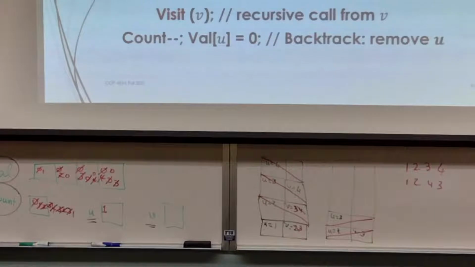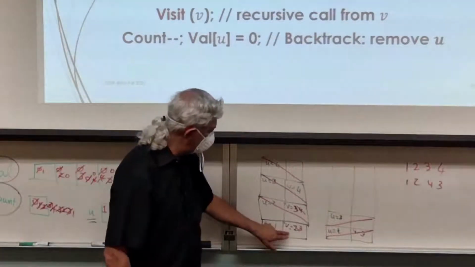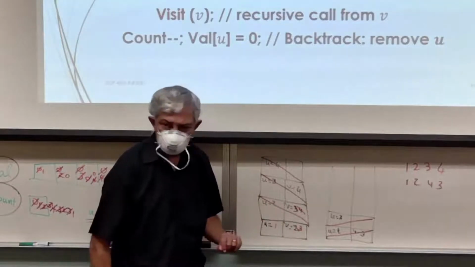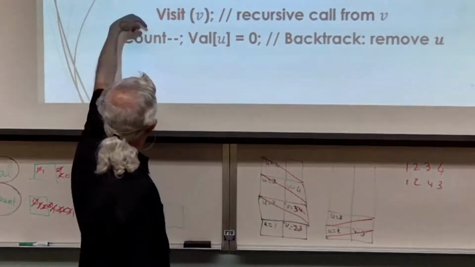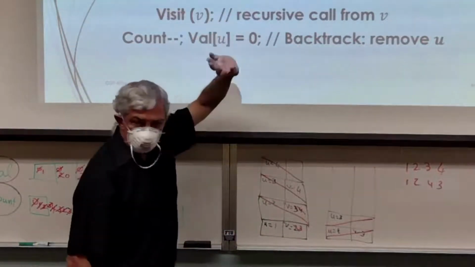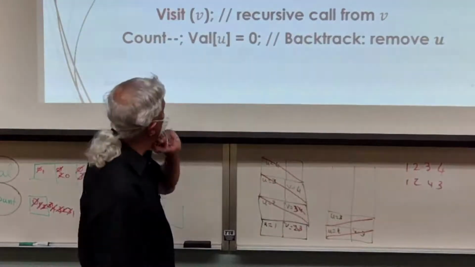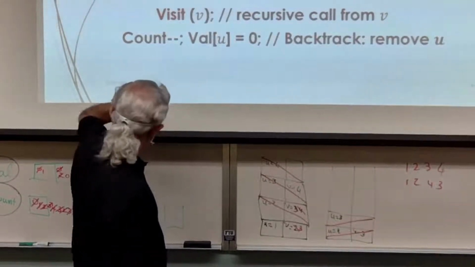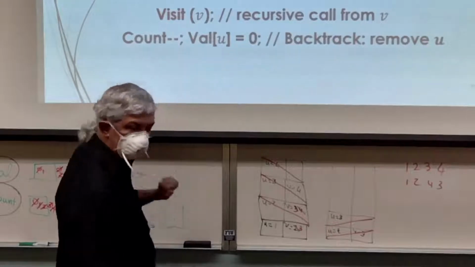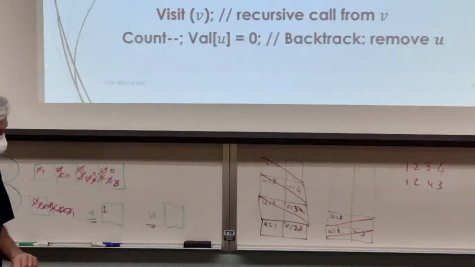Okay, good. So now we look at what's happening here. We finished with v equals 2, so we're going to try v equals 3. We check that, well, 3 is the first 0. And so therefore, it's going to call visit with 3.